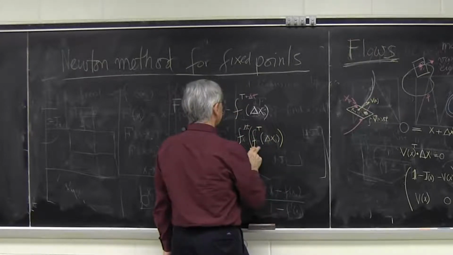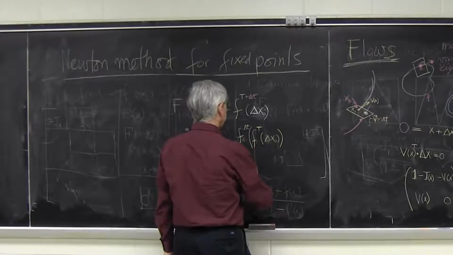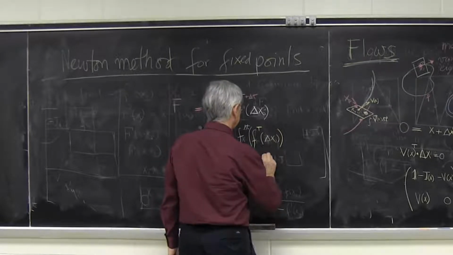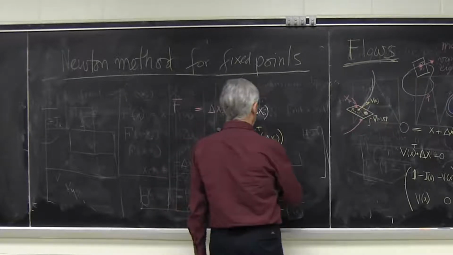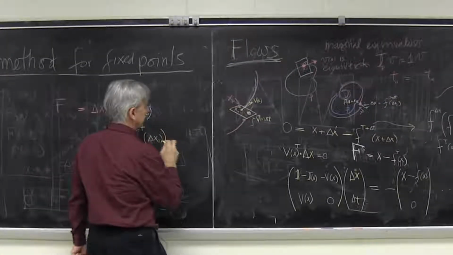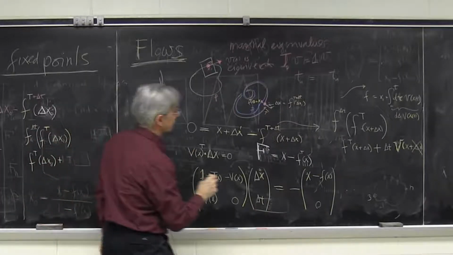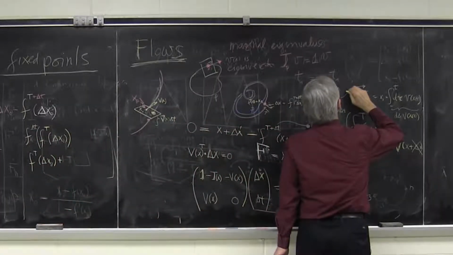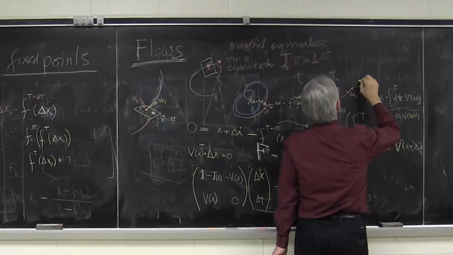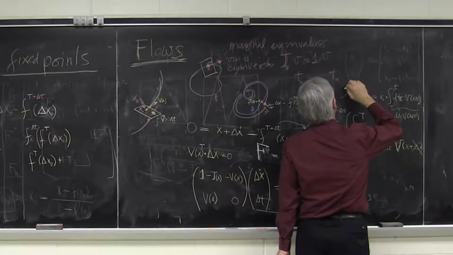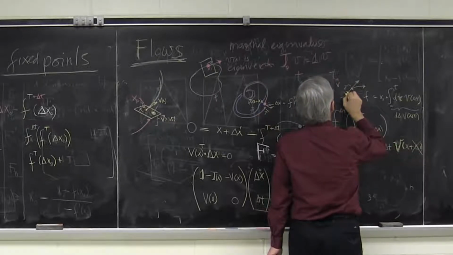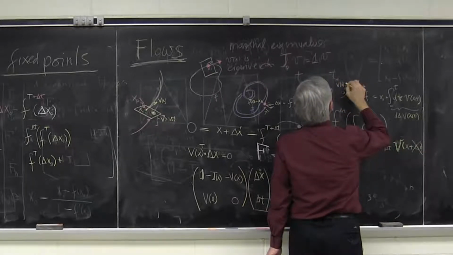Then I say this thing is the same as having started at this point, f of t, delta x0, plus having gone a small distance. So if I'm trying to go along the orbit, so this is delta x longitudinal, the way I compute this in time delta tau is I use the velocity at a point times delta tau.